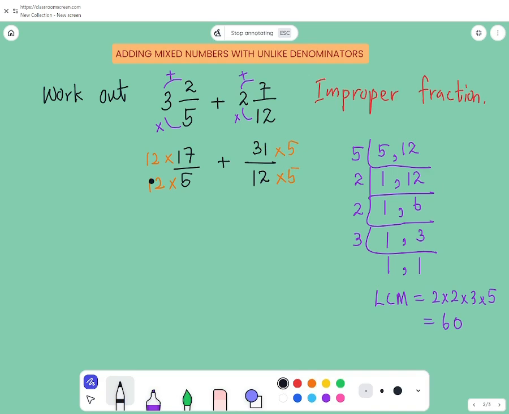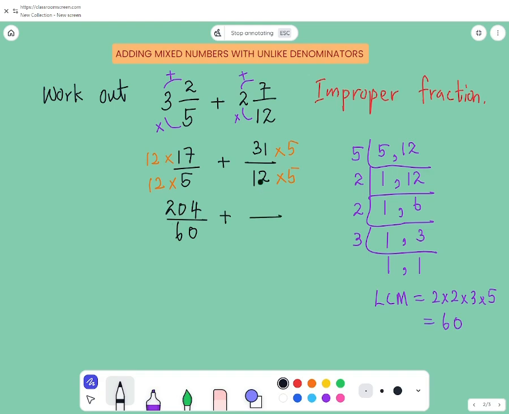Okay. Now I have denominators, that is 12 times 5, 60. Then 12 times 17, 12 times 7, 84, 4, 8 remaining. 12 times 1, 12, add 8, that is 20.